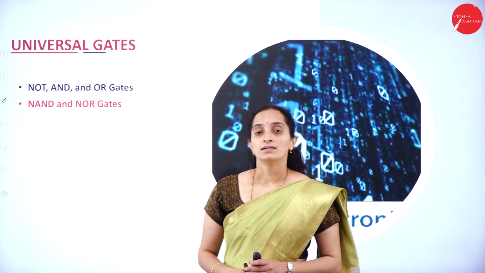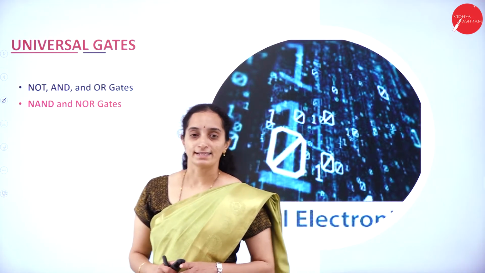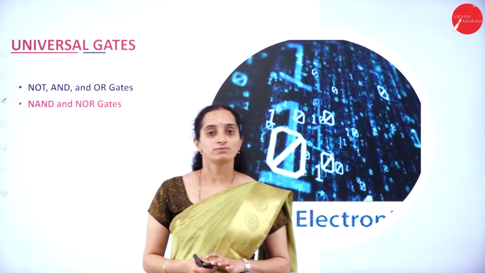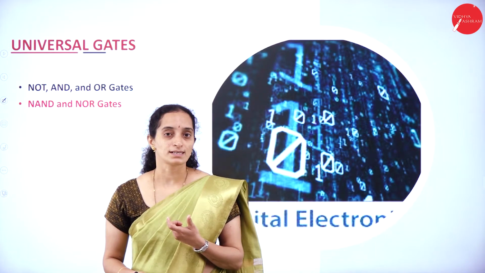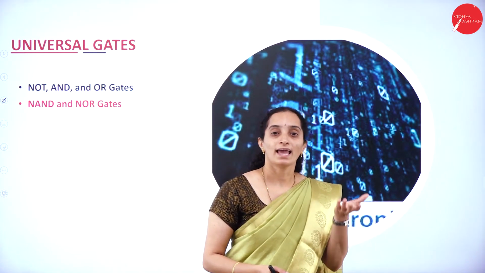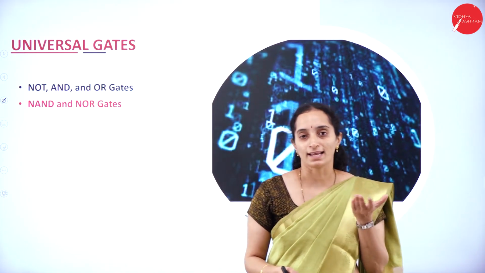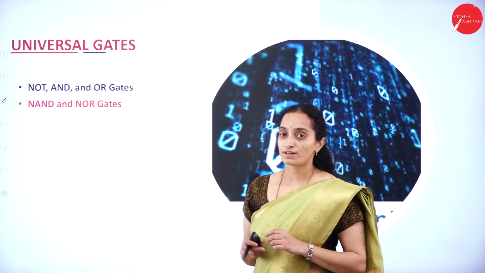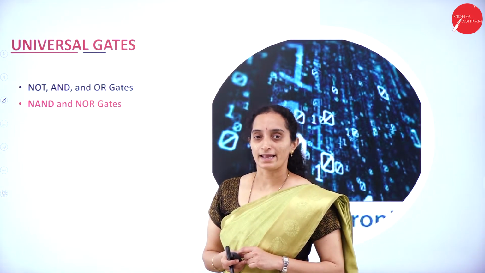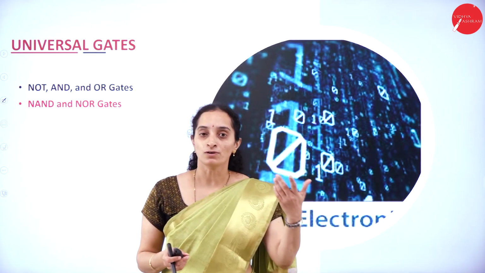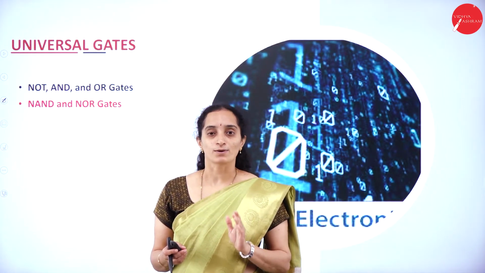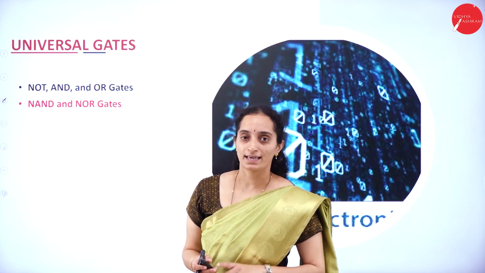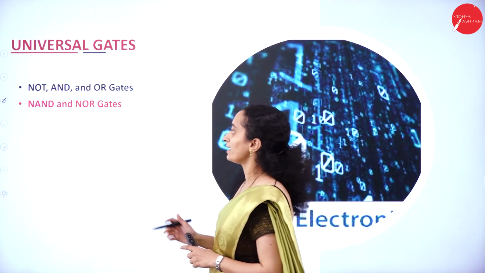Next we have the universal gates. We call them universal gates because you can use them to create any circuit. You can create any circuit with the help of the universal gates. Since they are universally applicable to anything, they are called the universal gates. Which are the universal gates?